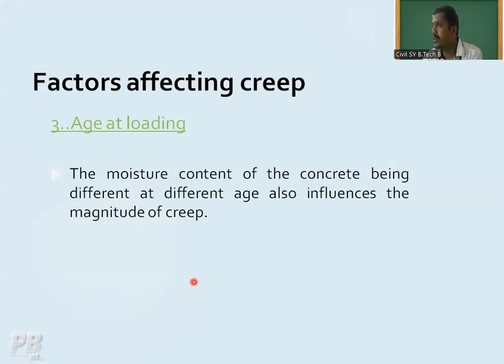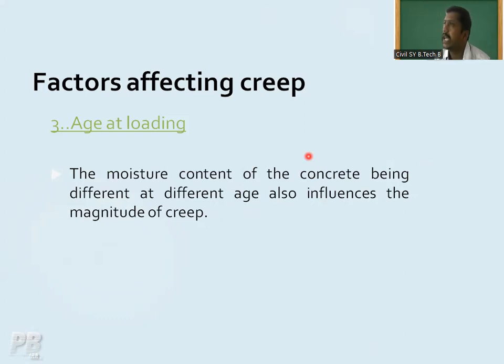Then the moisture content of the coarse aggregates or of the concrete body being different at different ages also influences the magnitude of the creep. Very important sentence. Okay, the moisture content of the concrete is different at different ages. Why is it different at different ages? Because the temperature conditions in our state, or in our country, do not remain constant throughout the year, or over the globe.